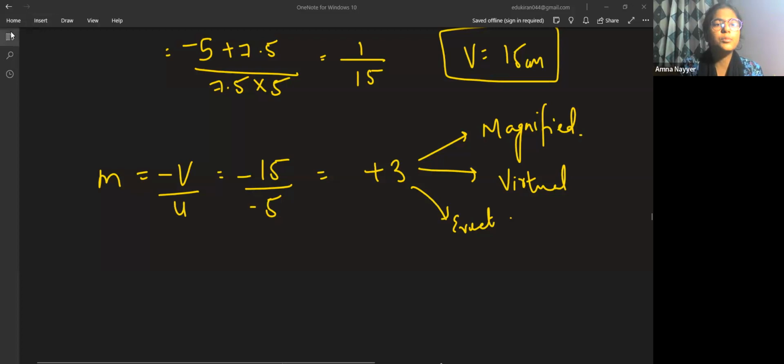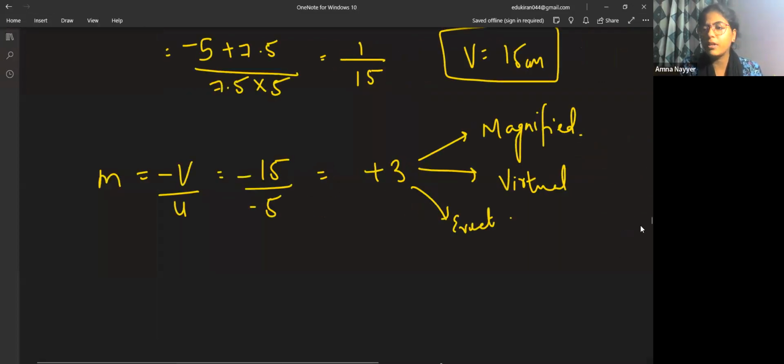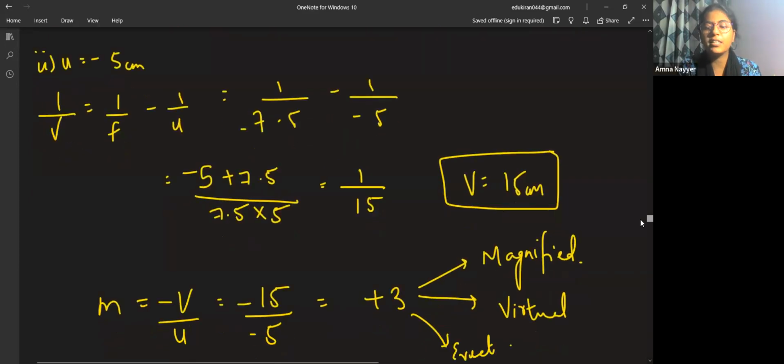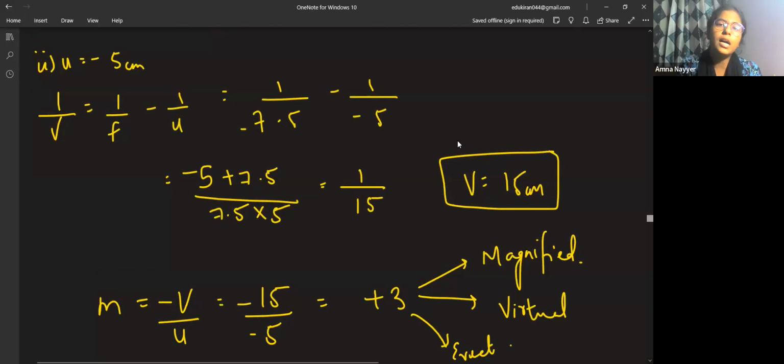All right, class. This completes the reflection initial portion. Write down this part, all those who haven't written it. Then I'll start with the refraction. Completely, this is not over reflection. You will have total internal reflection also, but that is a part after refraction only. Let's start with refraction. Yes, enlarged. Correct. Write it down, all those who haven't. Then we'll start with refraction.